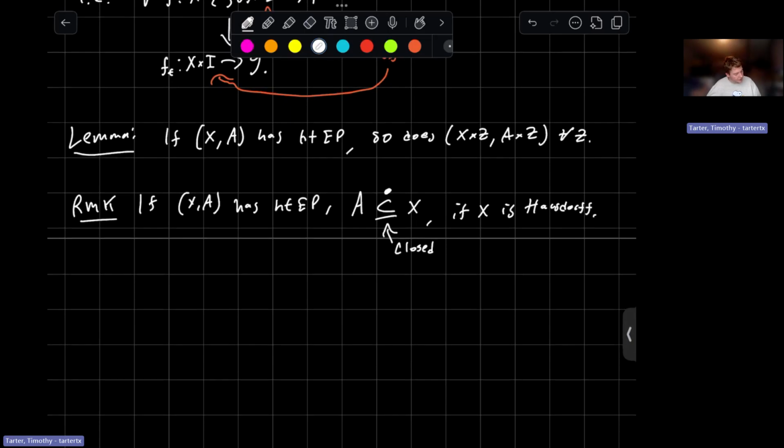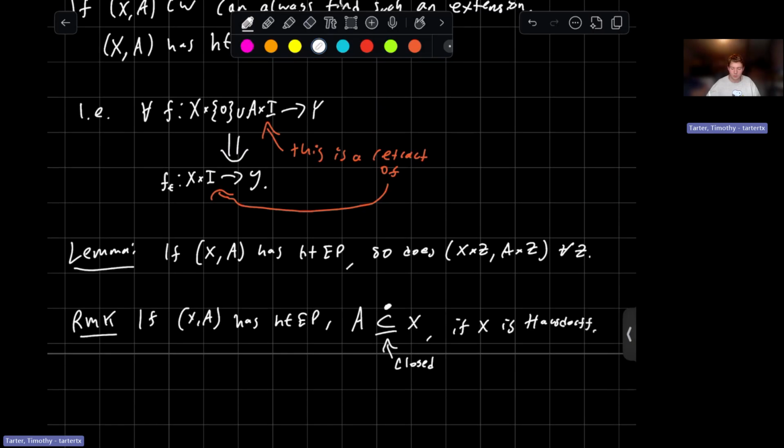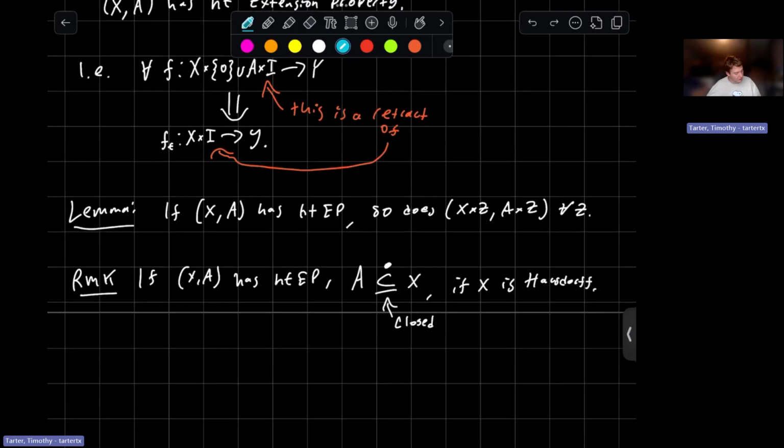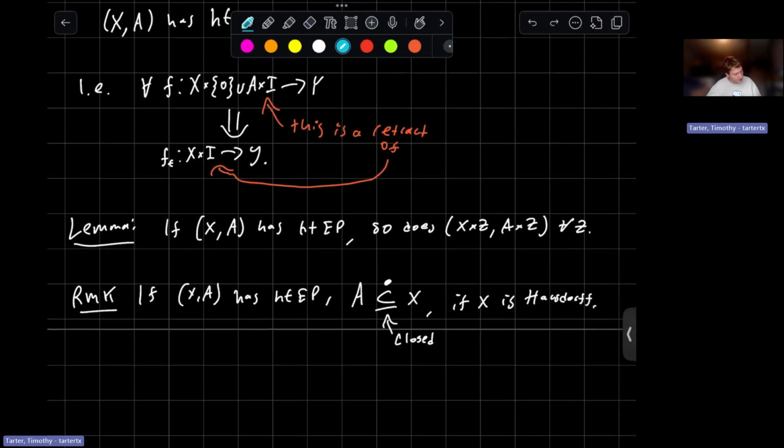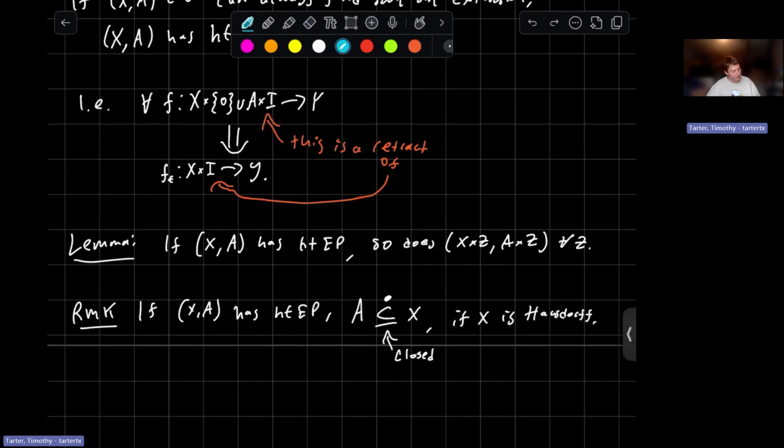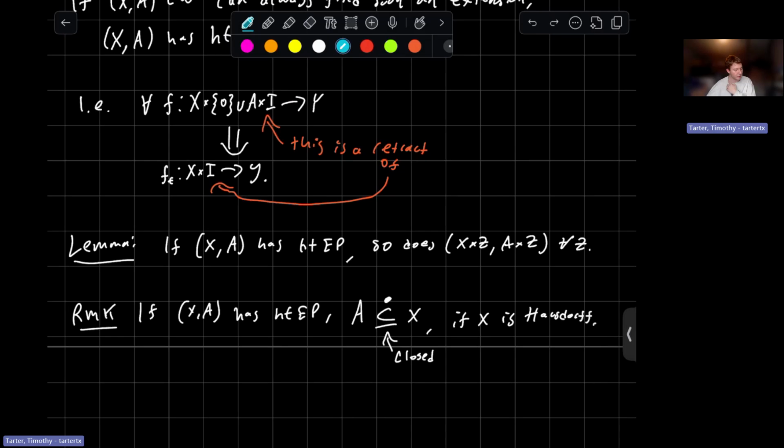Basically, if we're given a retraction onto this space here, then the image of the retraction is the set of points in X cross I that are fixed points. So the image is a set of fixed points, and it is closed because of something to do with Hausdorffness, but I imagine that would be a longer proof.